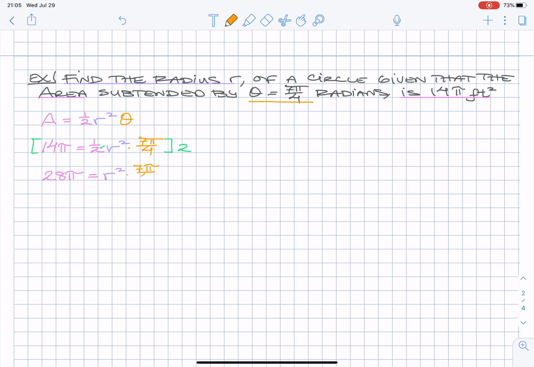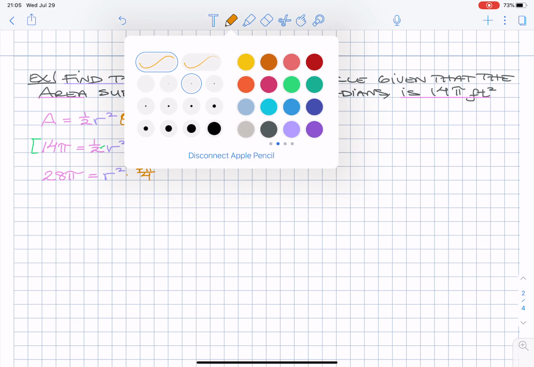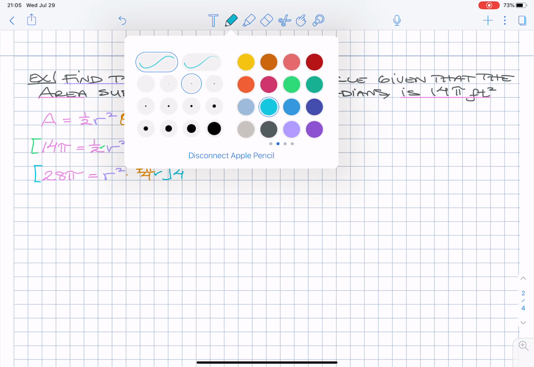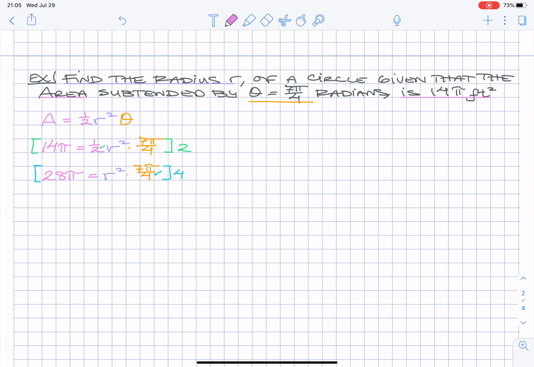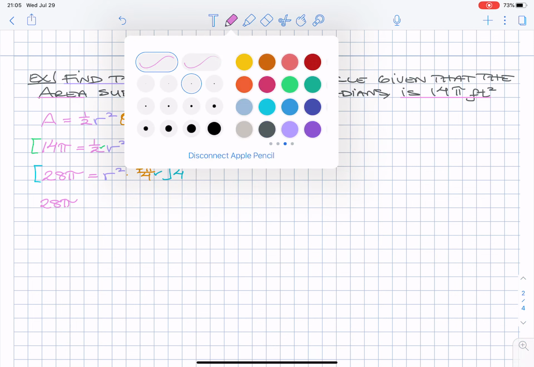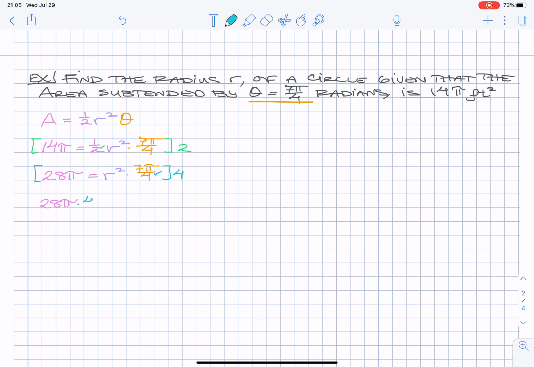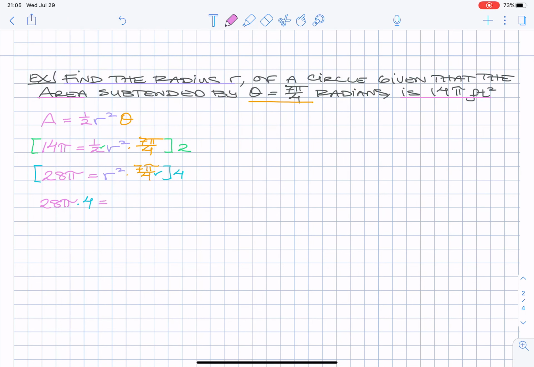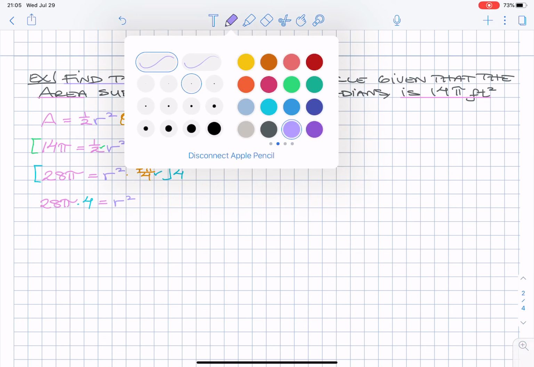So first thing I do is I deal with the fractions. So let's cross multiply again by 4. So that'll cross cancel that 4. Now on the left, I'm just going to say 28 pi times 4, I'm not going to actually do the math, and you'll see why in a moment, is equal to r squared times 7 pi.